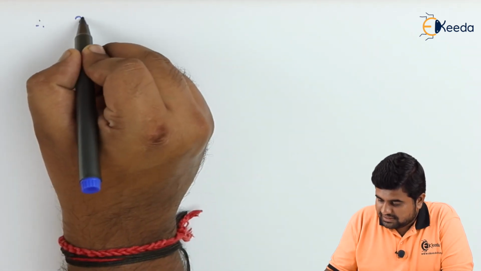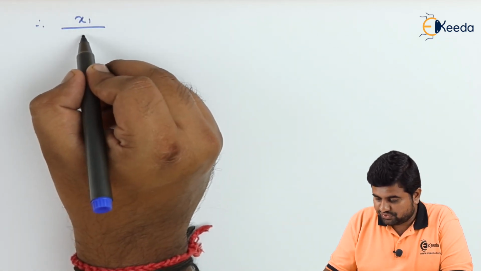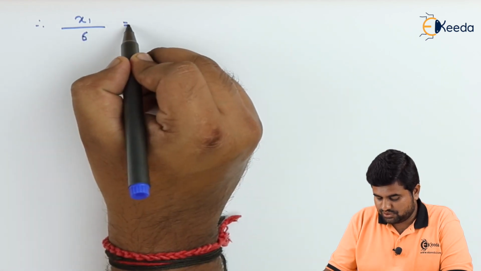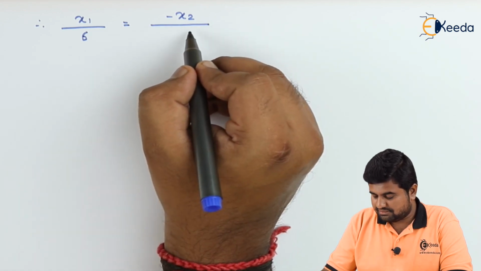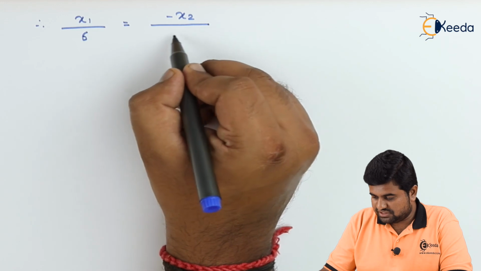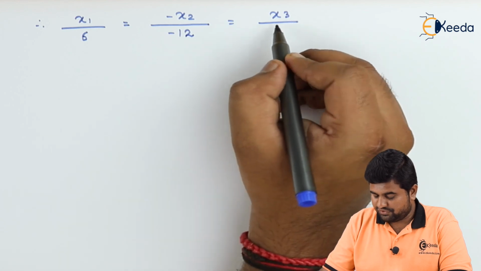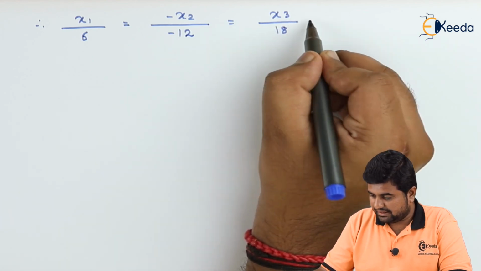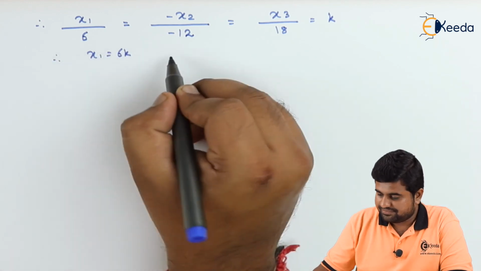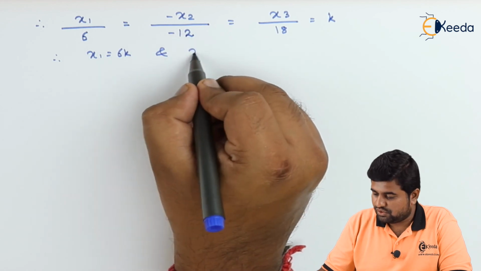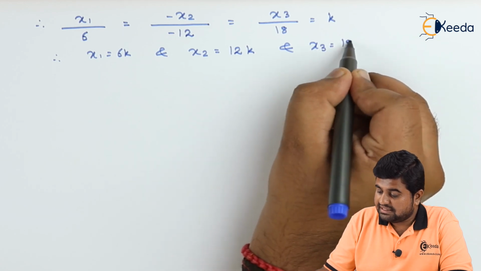Therefore, x1 divided by 1 times 2 minus 1 times minus 4, which is 6, is equal to minus x2 divided by minus 10 minus 2, which is minus 12, is equal to x3 divided by 20 minus 2, which is 18, is equal to k. Therefore, x1 is equal to 6k. The minus and minus sign will go, so x2 is equal to 12k and x3 is equal to 18k.